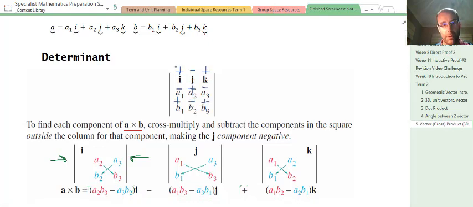In the future, when you study determinants properly, you'll know that they are given signed values, S-I-G-N-E-D, meaning positive and negative values. So it always goes starting with the top left, or position row 1, column 1. I will be positive, J will be given a negative sign, K will be positive, and it keeps going.